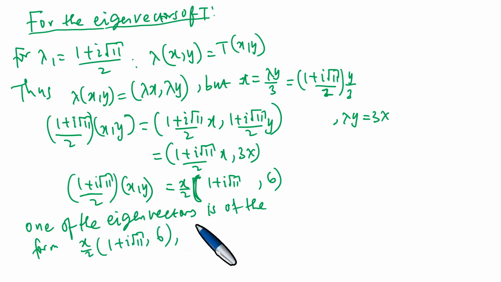Or you can say an eigenvector, because there are many eigenvectors, of the form that. So you have the eigenvector.